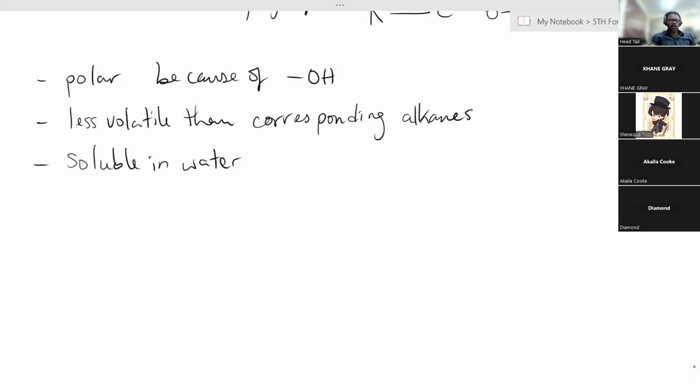If I take an alkanoic acid and put it in water, it's going to dissolve. That's why ethanoic acid, aka vinegar, is soluble in water. And the last thing: they dissolve in water, so we know that they're soluble, but they become an acid. They partially ionize.